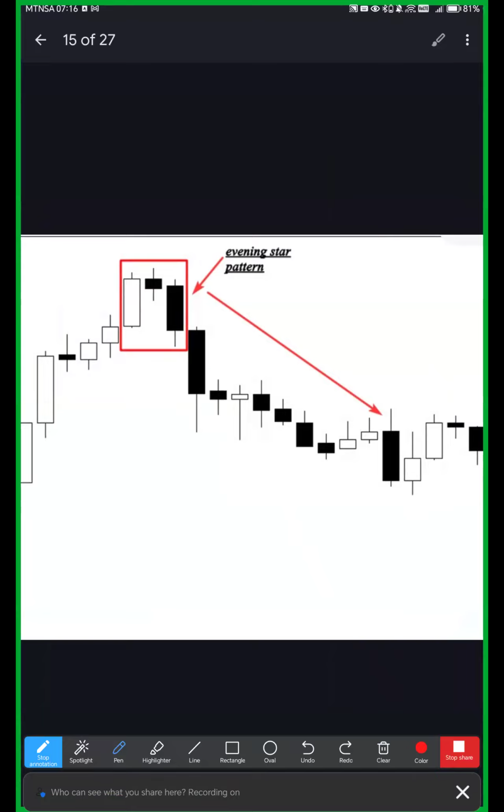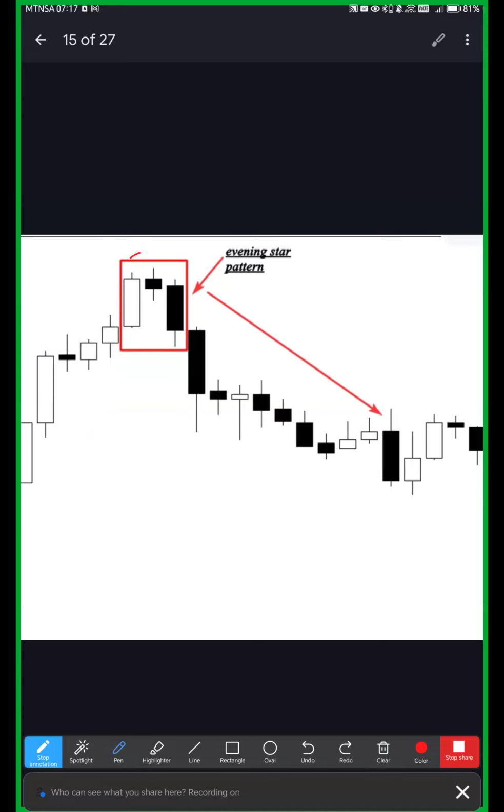The white candles on my chart are buying candles. They are green candles in trading view. The black candles are red candles in trading view, and they represent sellers. You can see the market was this way. Now this formation appears.